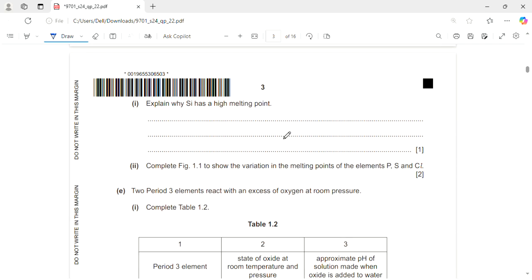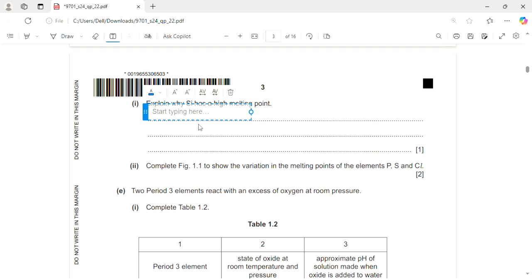Part 1 from question number 1, part D, is: explain why silicon has a high melting point.